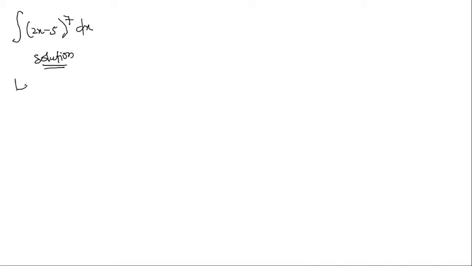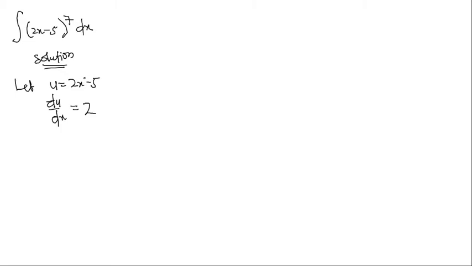So we say let the function in the bracket be u, so we have 2x minus 5. We now differentiate the function. If we differentiate u with respect to x, we get du dx, and if we differentiate 2x, the power of the x here is 1, it multiplies the 2, we still have 2.